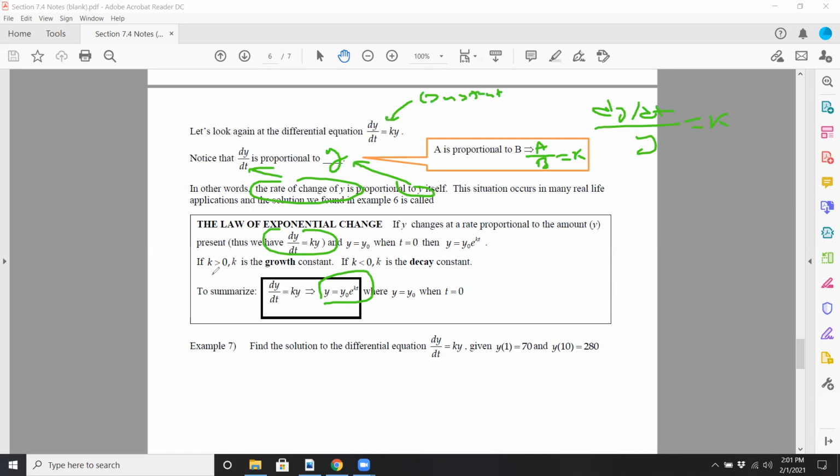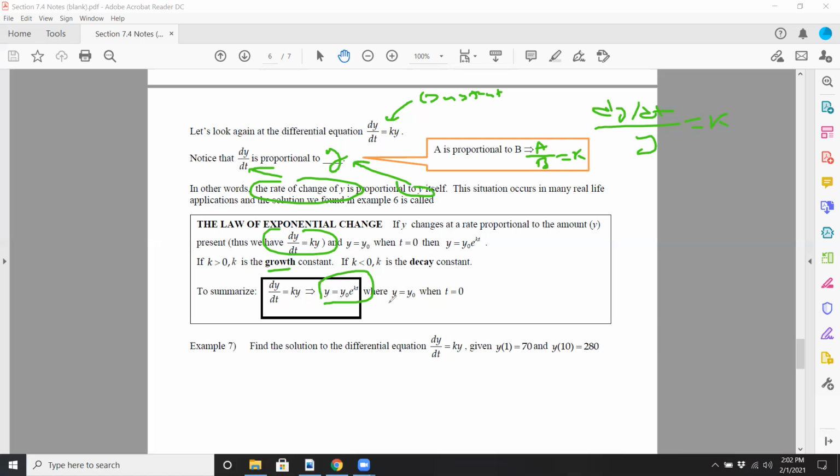If your k is positive, that means that you have a positive rate of change, so that's considered growth. If it's negative, then it's considered decay. You have talked about growth and decay exponential functions in the past. I'll ask that also as a Google form question.